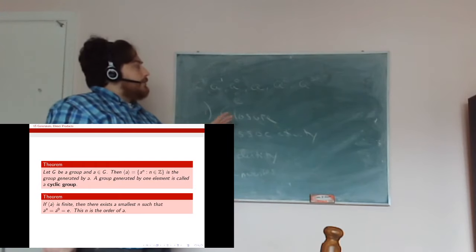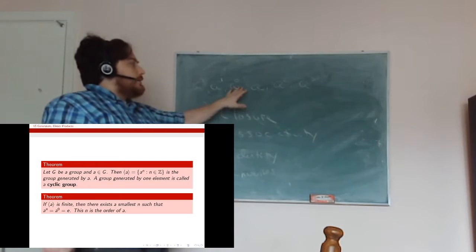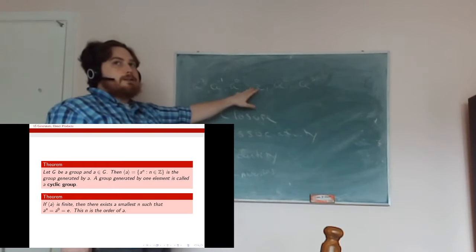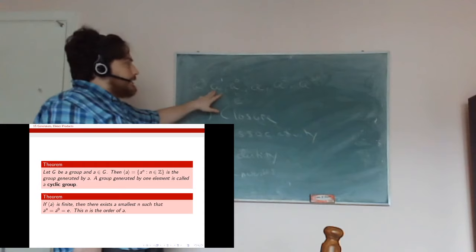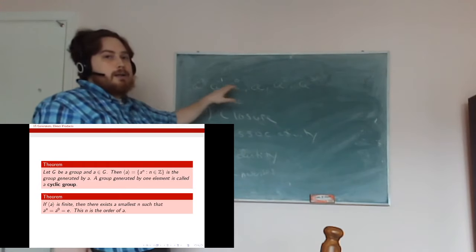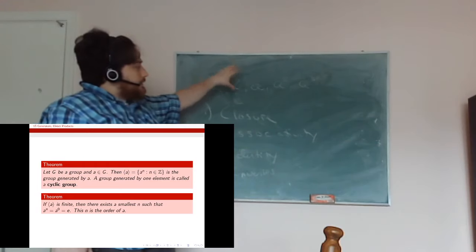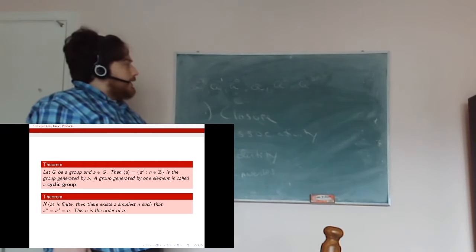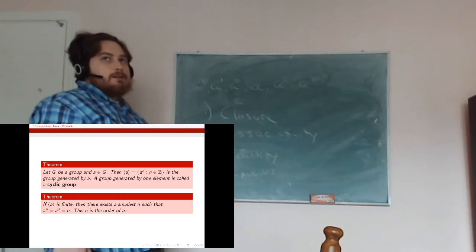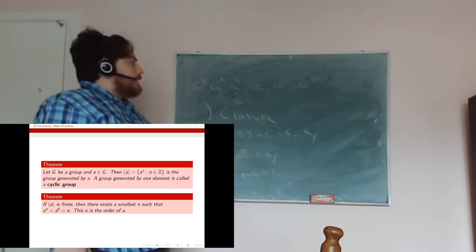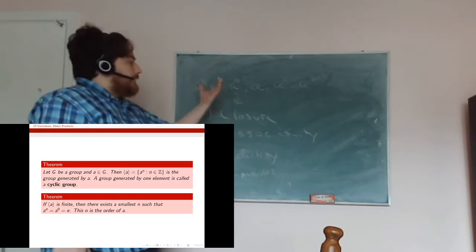But what I am trying to point out is that a to the 0 has to be the identity, because a to the 0 is a to the 1 times a to the negative 1, or a inverse. And a inverse, the inverse is defined so that the product of a and a inverse is the identity. So while it doesn't have to be 1 per se, it does always have to be the identity.